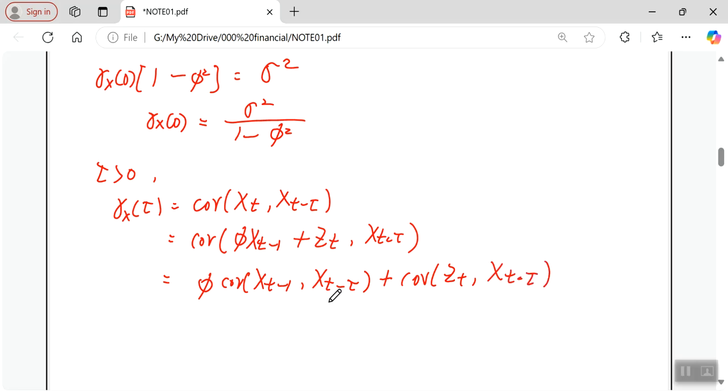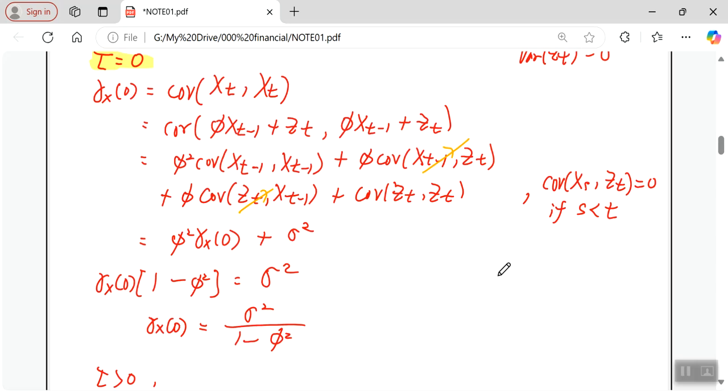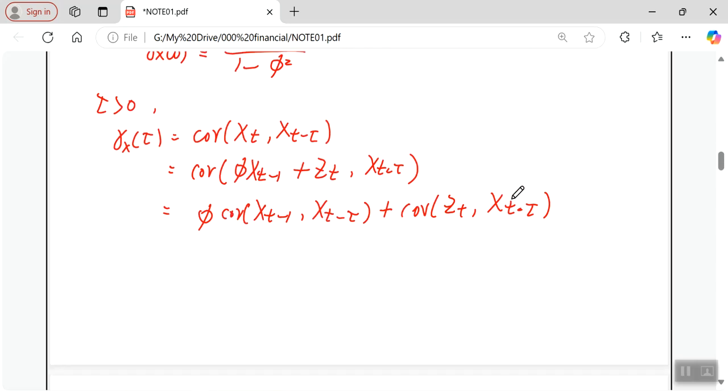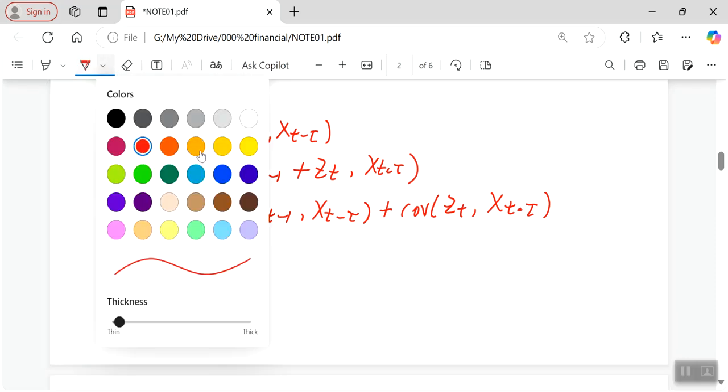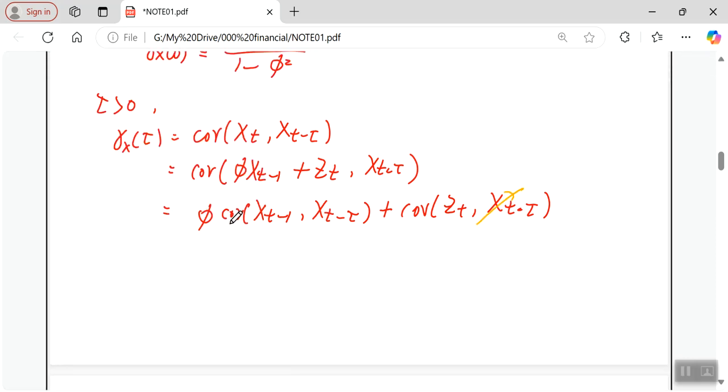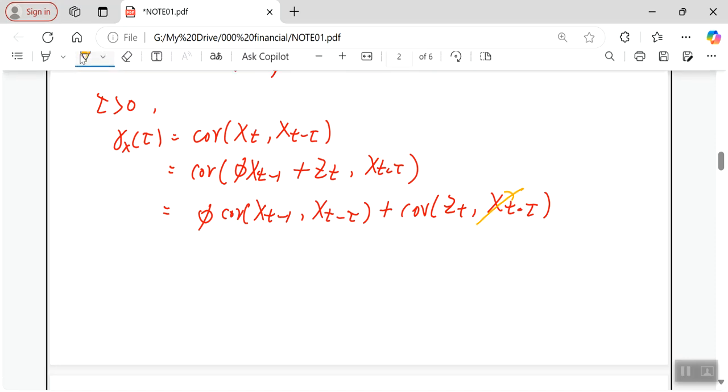Again, this is the same property: xs and zt, when the lag is behind t, we can just assume this one is 0. So the remaining item is this.